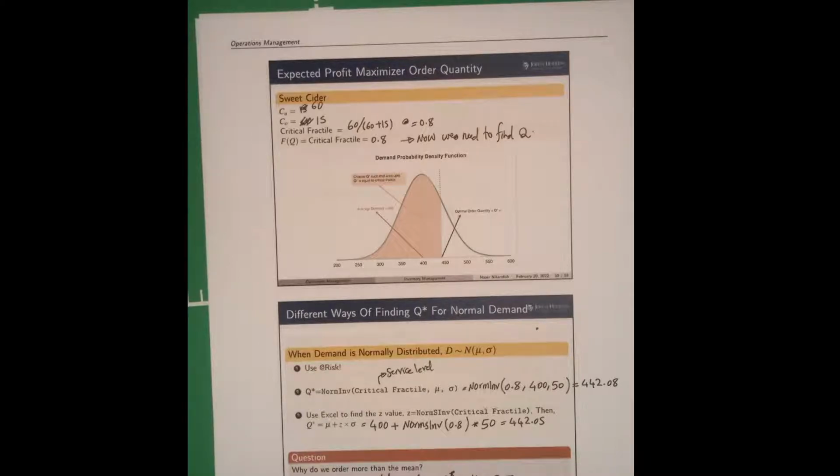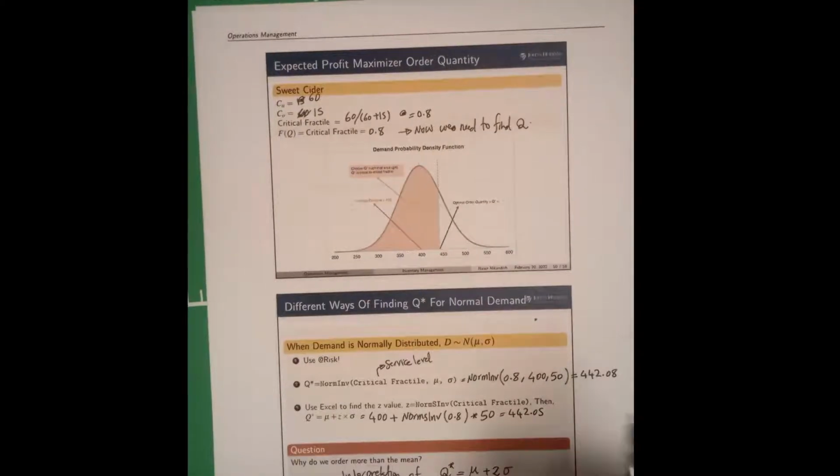The middle point that balances the cost of too much inventory versus too little inventory is where you try to satisfy 80% of customers' demand, not more, not less. Now that I want to satisfy 80% of customers' demand, what quantity is going to give me that? That is where the demand function comes into play.